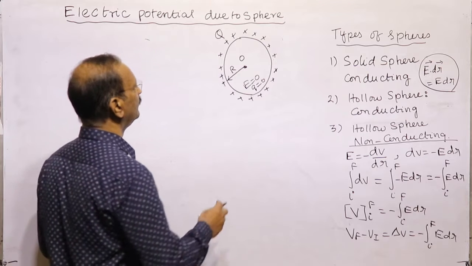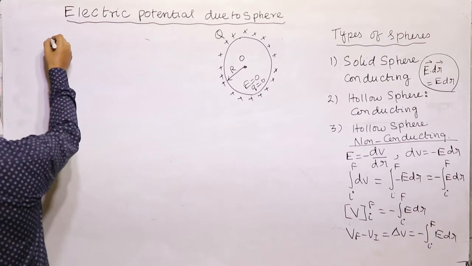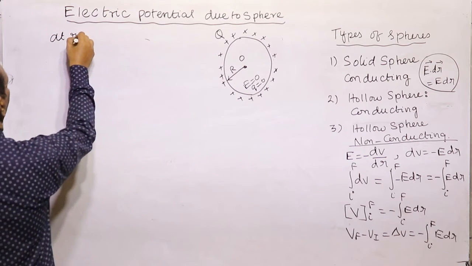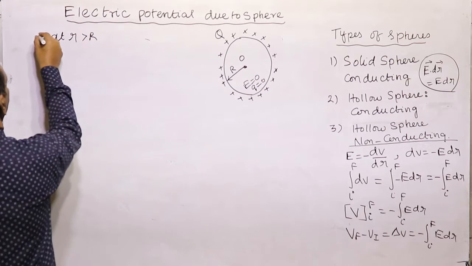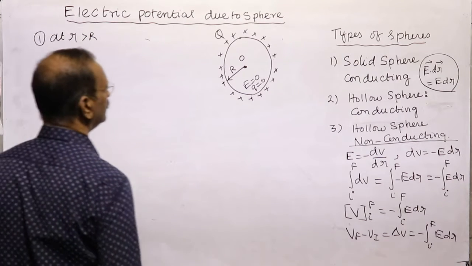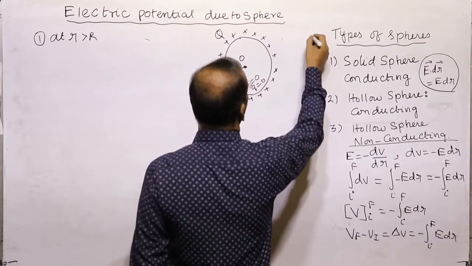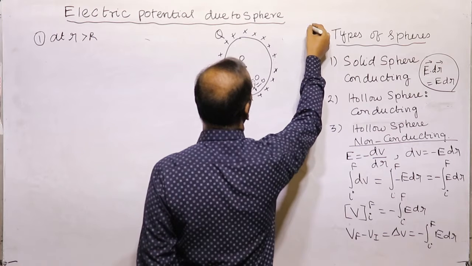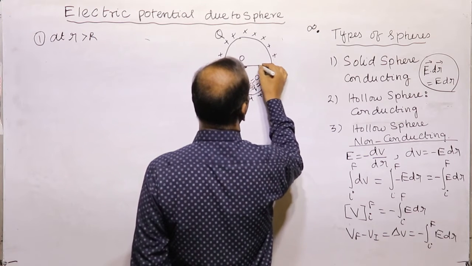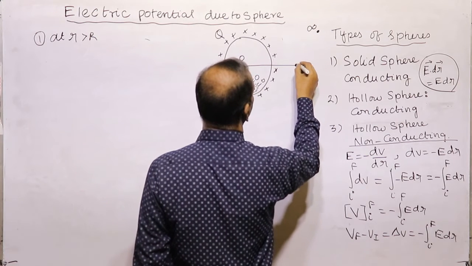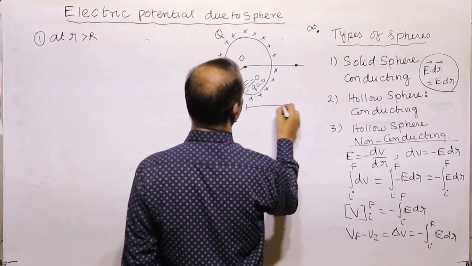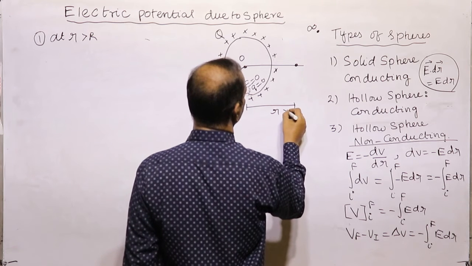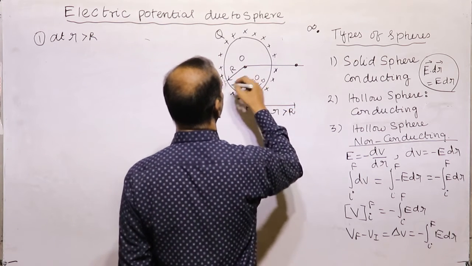So now if we want to find the potential at R, which is greater than the radius, case 1, it means we are bringing the charge from infinity in this direction, where R is greater than the radius of the sphere.